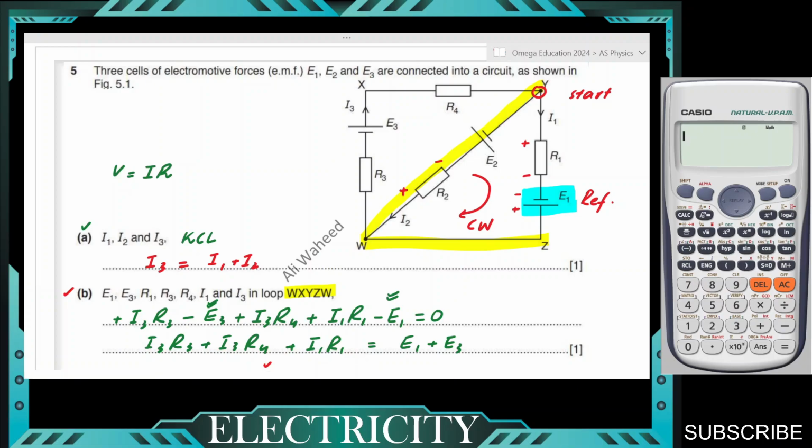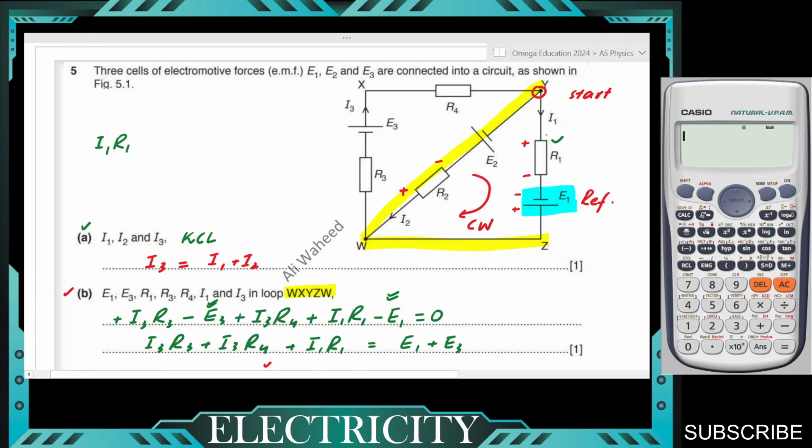So let us try to apply on this one. Now first of all, as I go downwards over here, the first component that I have is R1, and the voltage across this one would be I1 into R1 with the positive sign.